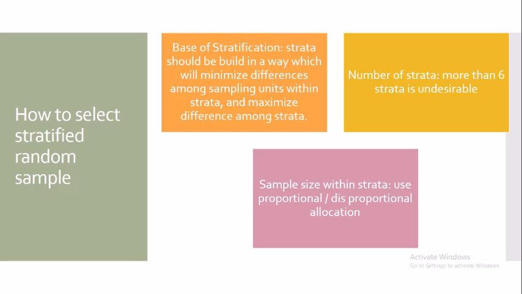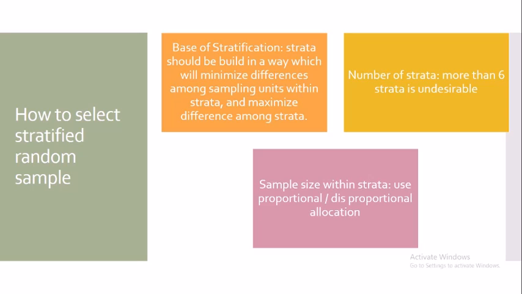Now, the number of strata should not exceed 6. That is, it should be less than 6, and that would be a more desirable number of strata or groups from any population. Now, the sample size within the strata.